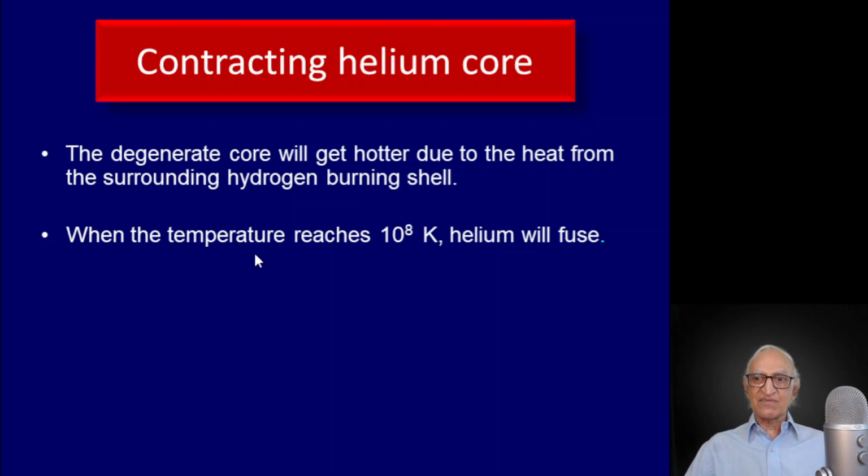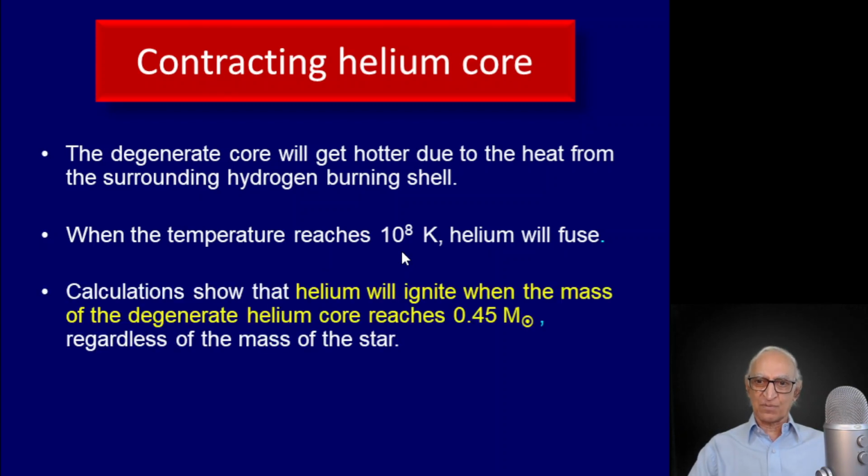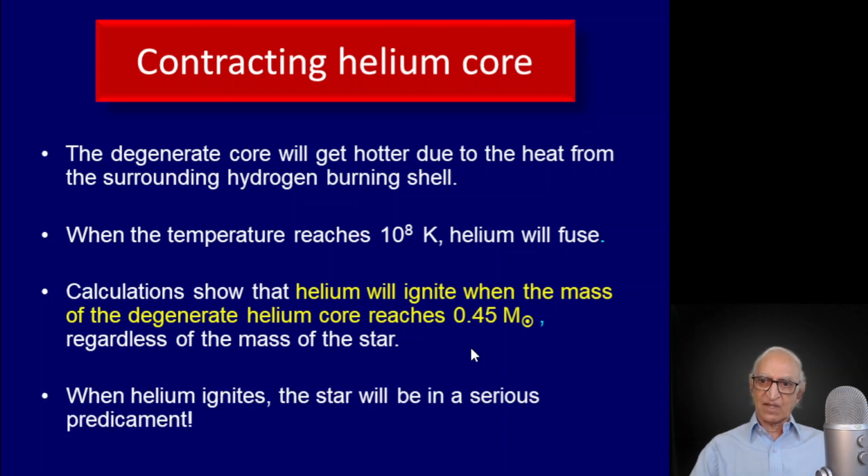And eventually, when the temperature of the core reaches 100 million degrees, helium will fuse to form carbon. And detailed computer calculations show that helium will ignite to form carbon when the mass of the helium core reaches roughly half a solar mass, regardless of whether I'm dealing with a 1 solar mass star or a 2 solar mass star or a 0.75 solar mass star.